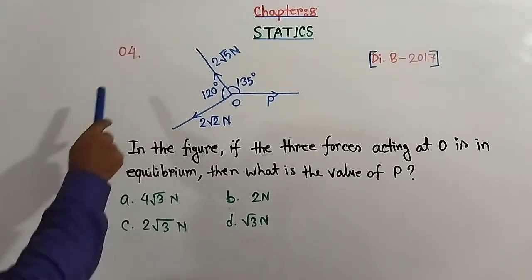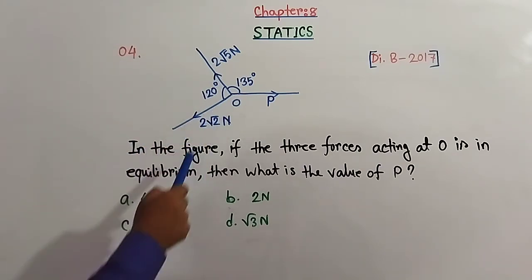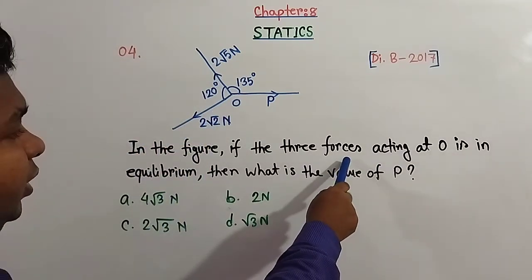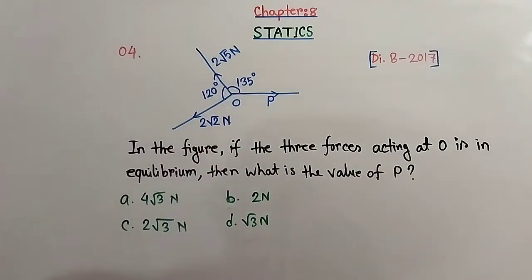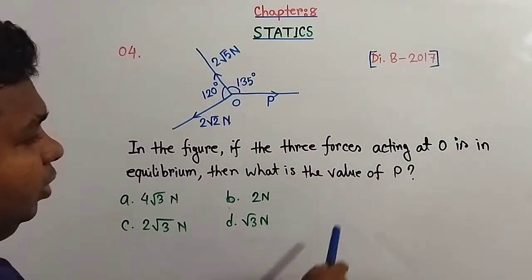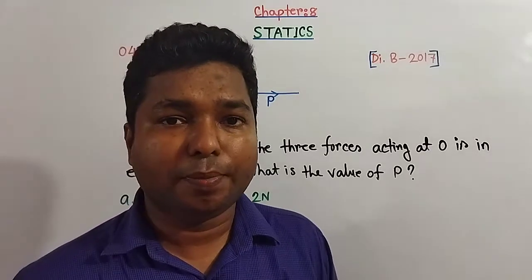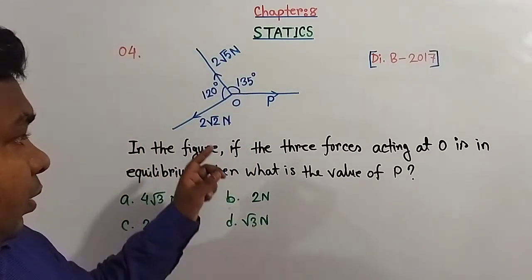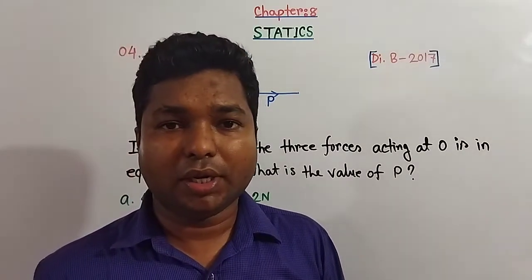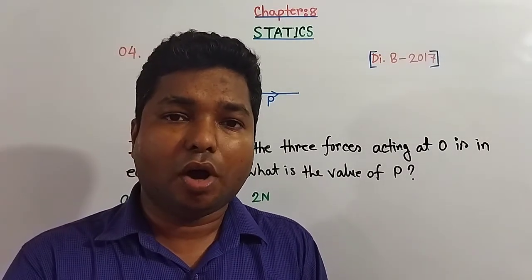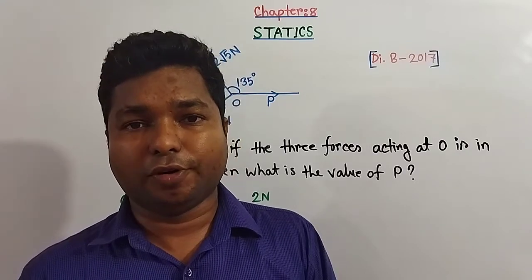Now our fourth question: in the figure, if the three forces acting at the point O are in equilibrium, then what is the value of P? So we have to find the value of P. Now since all those three forces are in equilibrium, we know each force is proportional to the sine of the angle between the other two forces.